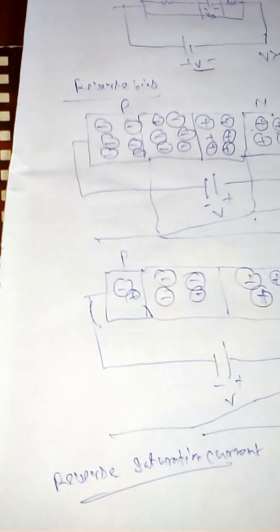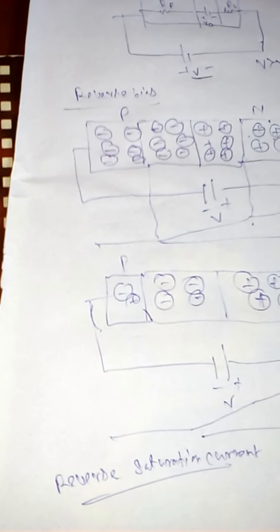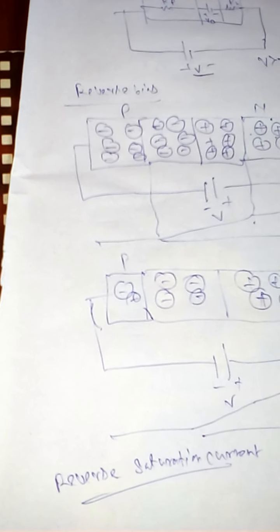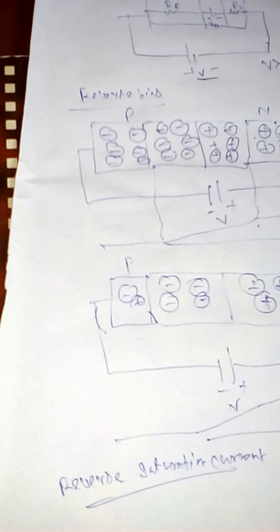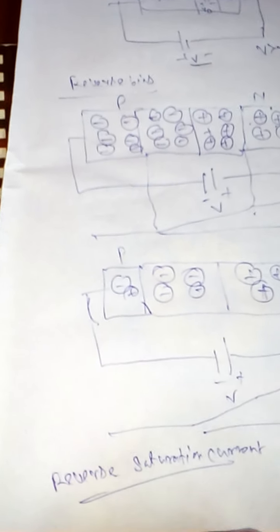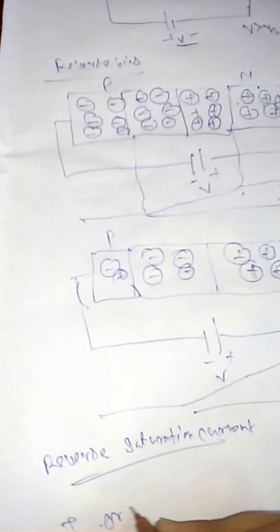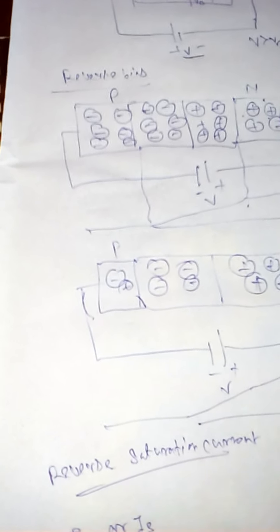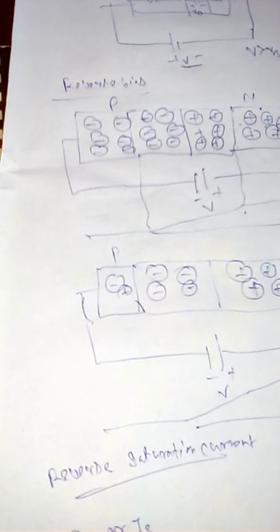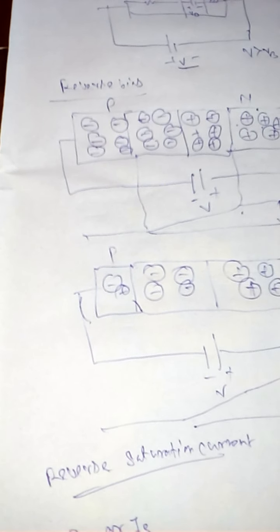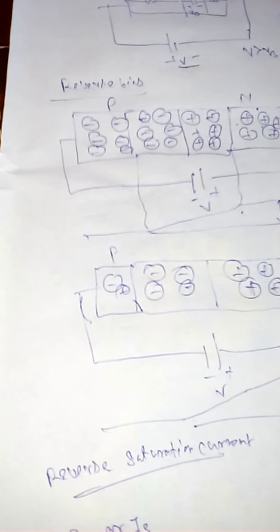The minority carriers, hole and electron pairs, are generated in the semiconductor material as a result of thermal energy. The current produced is the reverse saturation current or leakage current, denoted by I0 or IS, and the word saturation implies that the reverse current cannot be increased by increasing the reverse bias across the junction, but it can be increased with the increase of temperature.